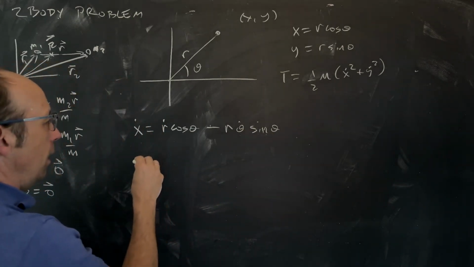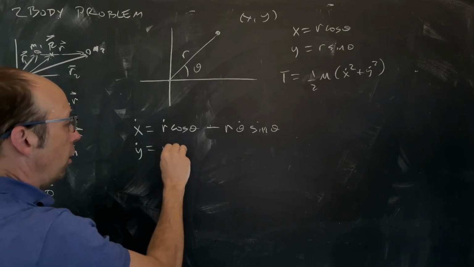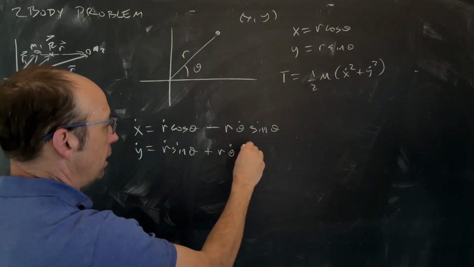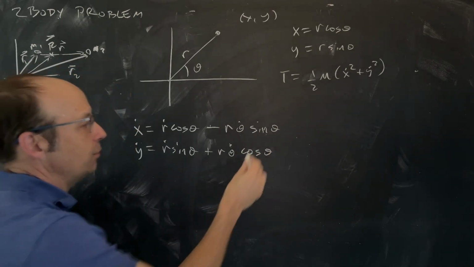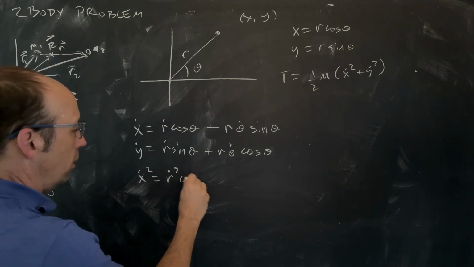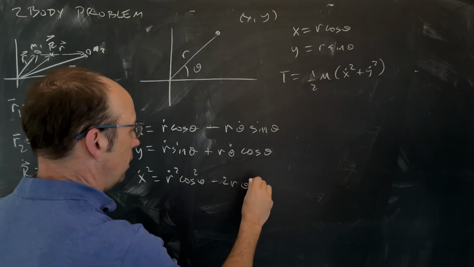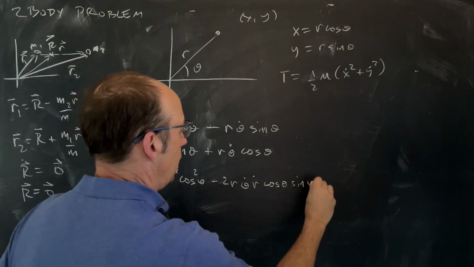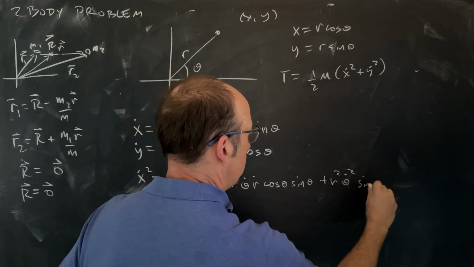Okay. And then I get y dot is going to be equal to r dot sine theta plus r theta dot cosine theta. Now when I square those two terms, let's just square them. So x dot squared is r dot squared cosine squared theta minus 2 r theta dot r dot cosine theta sine theta plus r squared theta dot squared sine squared theta.